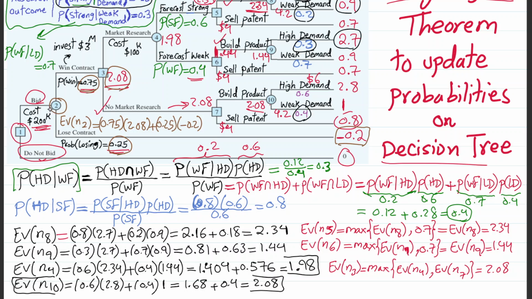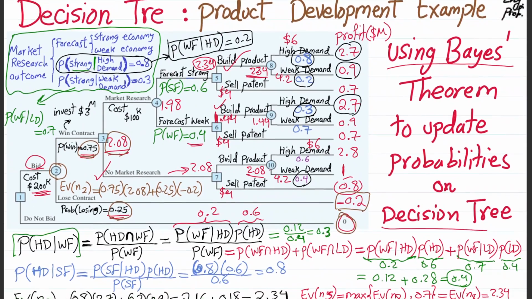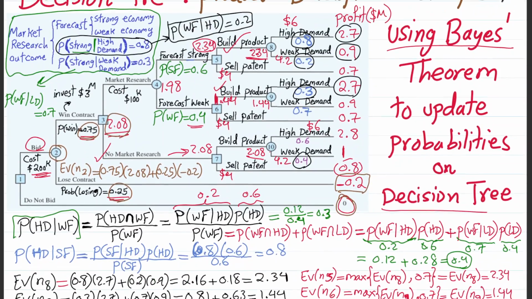And because it's a positive number, the bidding result has a positive outcome, while the no bidding result has a 0 outcome. So obviously the decision would be, we will bid as long as, like this example, the EV of node 2 is positive. So basically the summary is, yes, given the numbers we saw here and application of Bayes theorem, we are going to bid on this project.